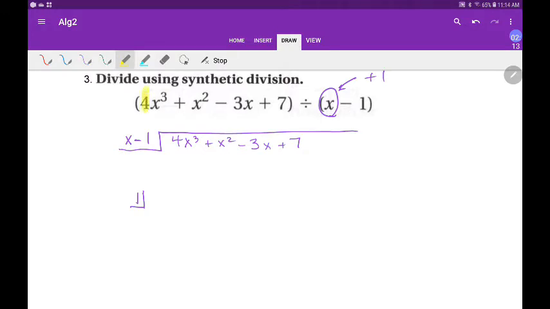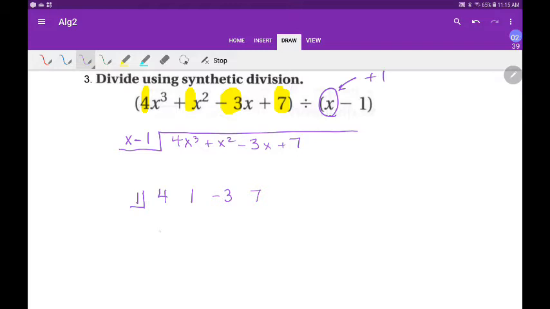What are the coefficients? 4. Well, there's nothing there, so it's 1, minus 3, and 7. So I'm going to say 4, and 1, and minus 3, and 7. And if you notice, as it was in descending order, none of the x's got left out. I didn't skip x squared, I didn't skip x, and I didn't skip my constant, my 7.